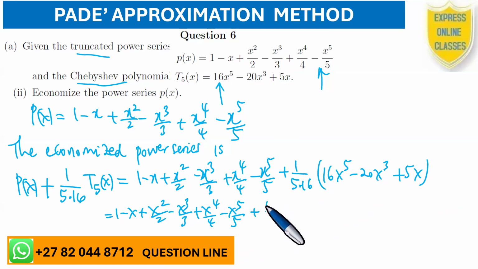The 16 is going to cancel, giving us 1/5 x to the power 5.